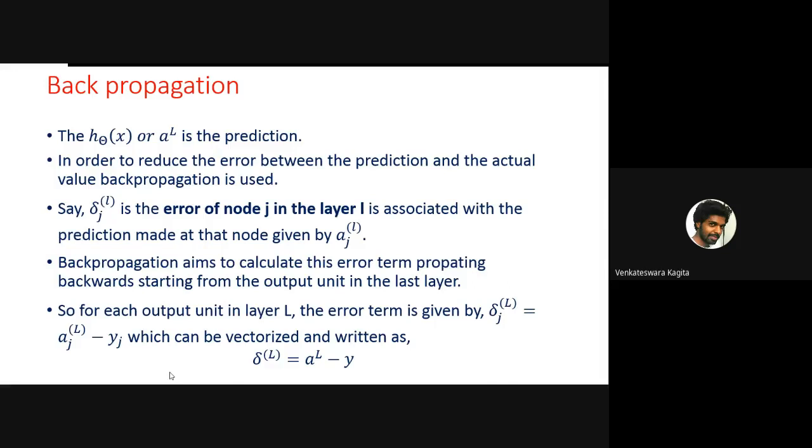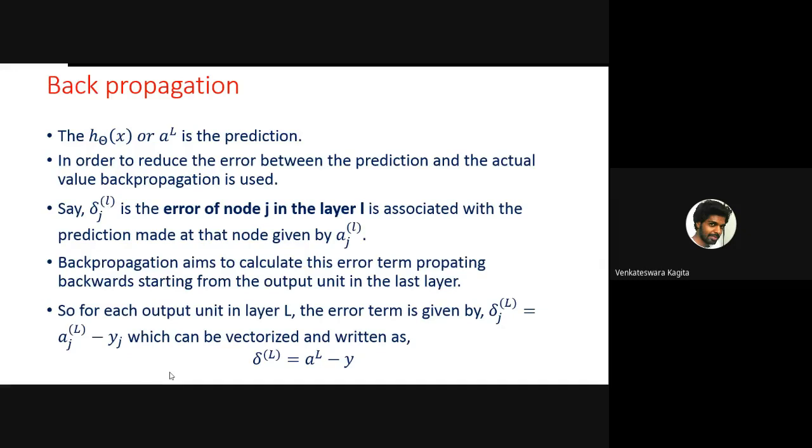So, for example, delta L j is the error of node j in layer L. It means that this is the error associated with the prediction made at that particular node, A L j. Backpropagation aims to calculate this error term, propagating backward starting from the output unit in the last layer. You start with the last layer error and propagate this error backward.